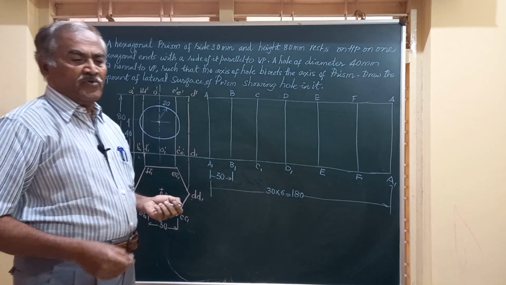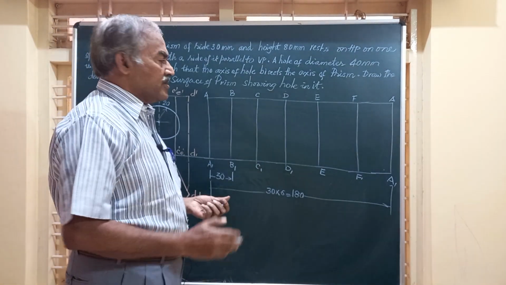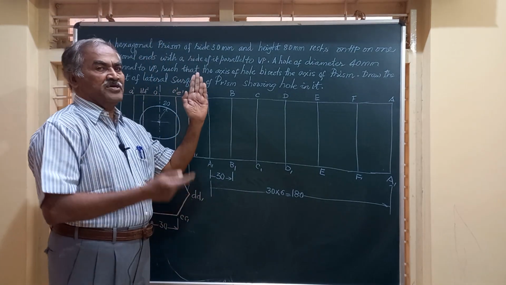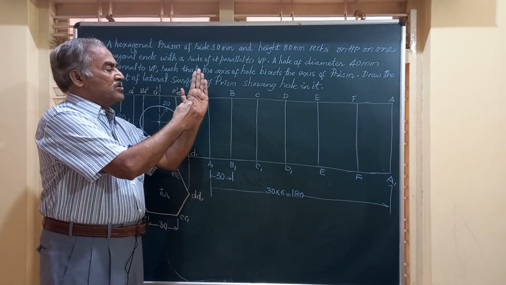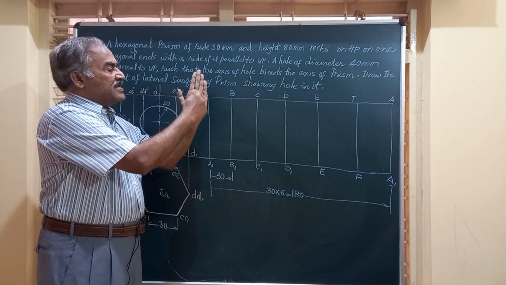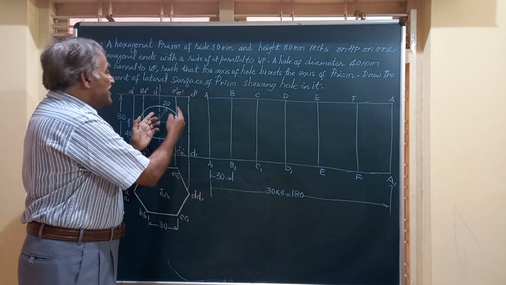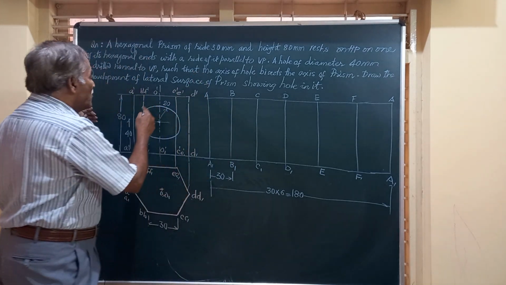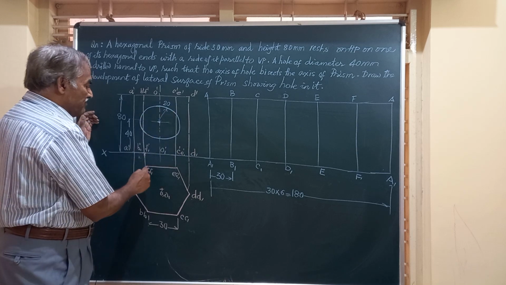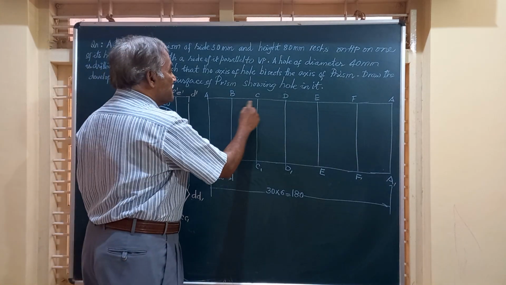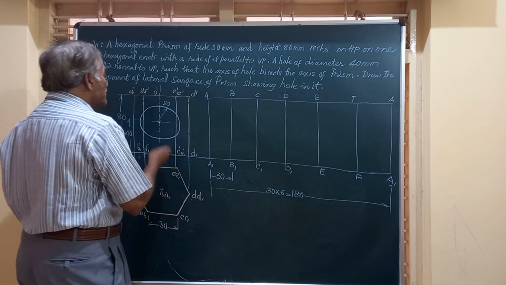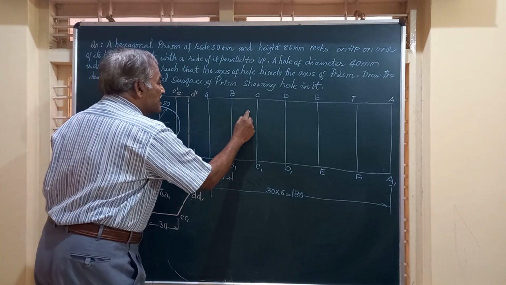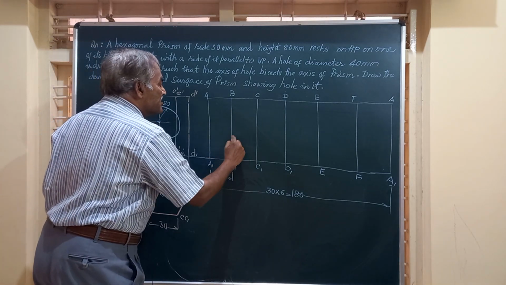Now friends, whenever you make a hole on a flat surface which is parallel to you, for example here, if you are drilling the hole on the face BC, B1, C1 here, you will be able to see a circle up to this height.